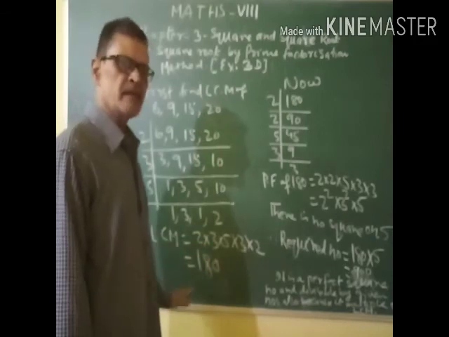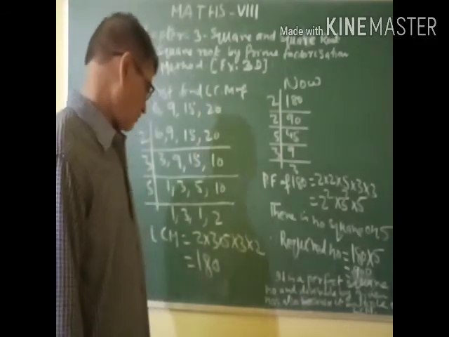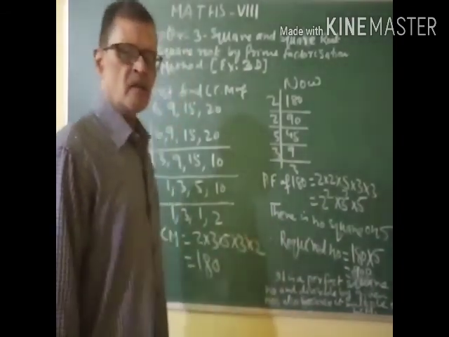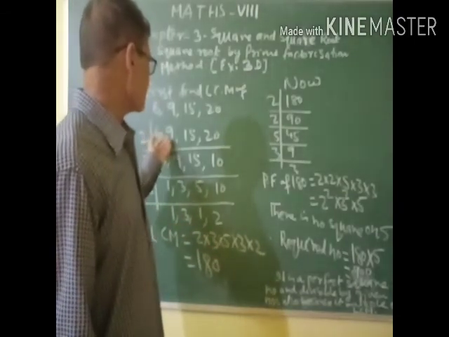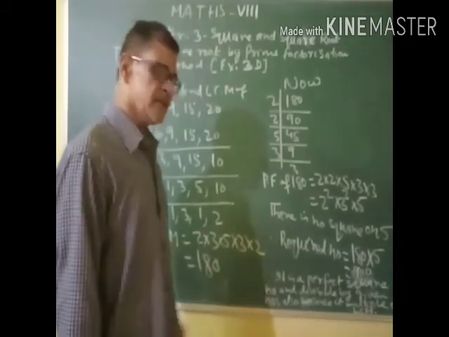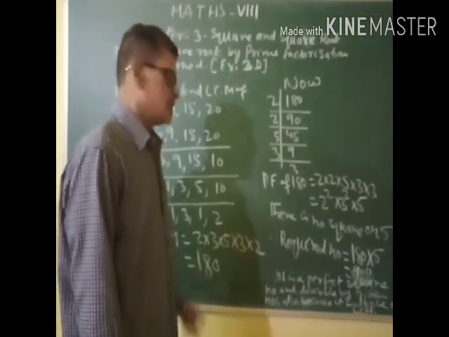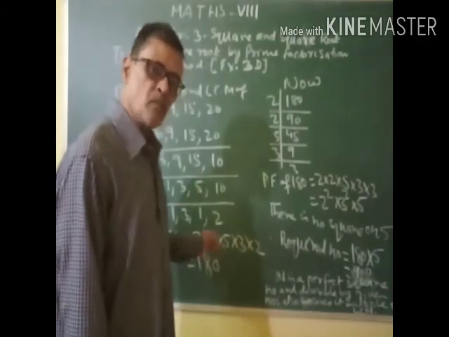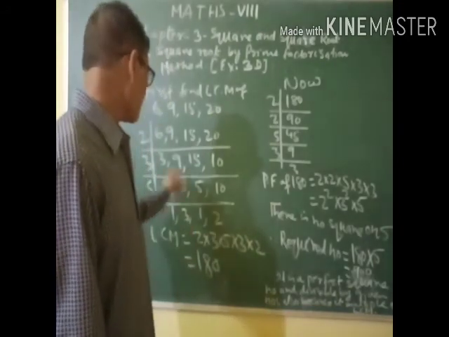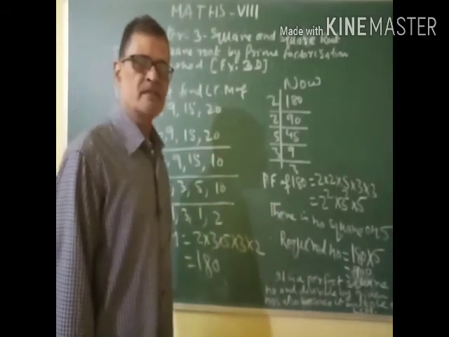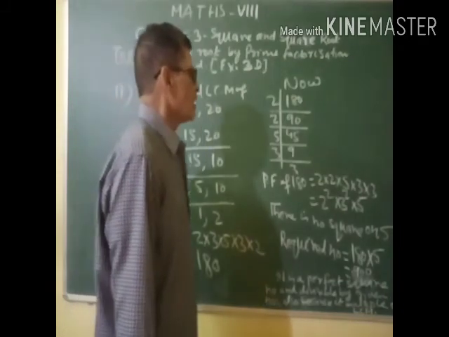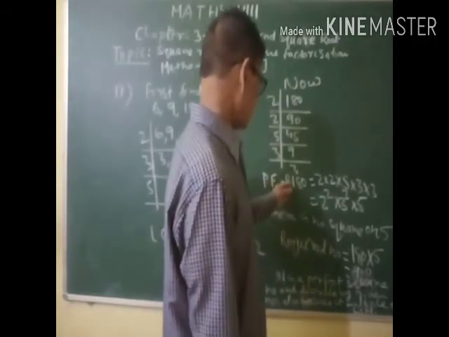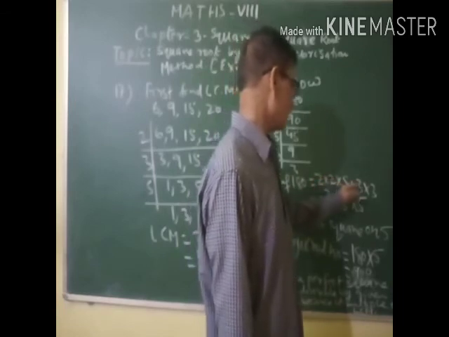And this is how we can say that a multiple of 180 will also be divisible by 6, 9, 15 and 20. If 180 is the smallest number that is completely divisible by these, then any other multiple of this number will also be divisible by them. This is the property of LCM. Now find out the prime factorization of 180, the LCM, and this is equal to 2 into 2 into 5 into 3 into 3.